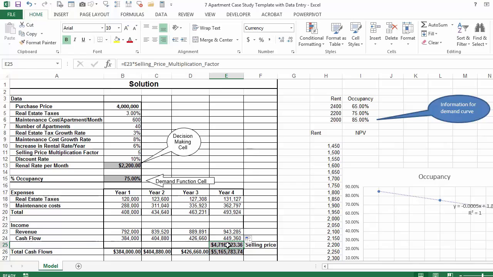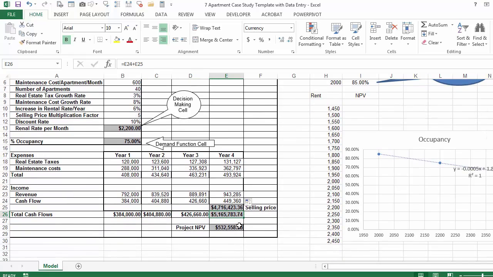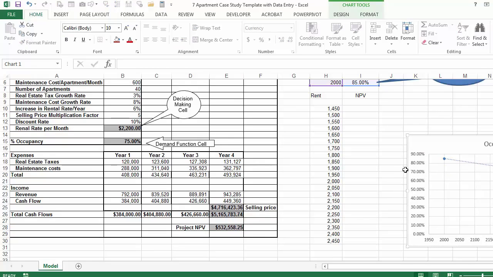And then don't forget the final selling price, which is 5 times the revenue. So these are my 4 cash flows for the next 4 years. And the NPV is 532,558.